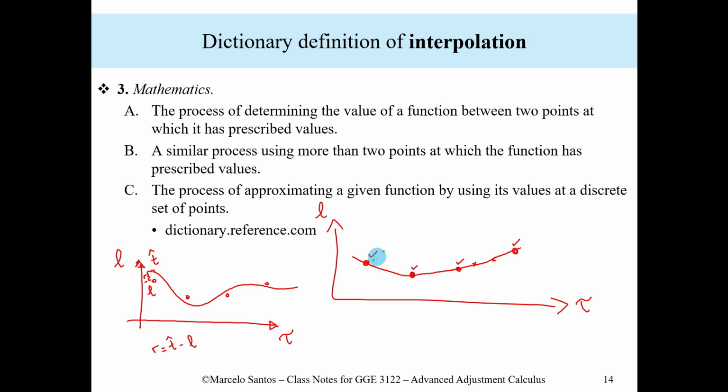Well, at these points, t hat equals L. Therefore, the residual equals 0. So this is a characteristic of interpolation. Residuals are equal to 0. We can say that the fit is perfect.